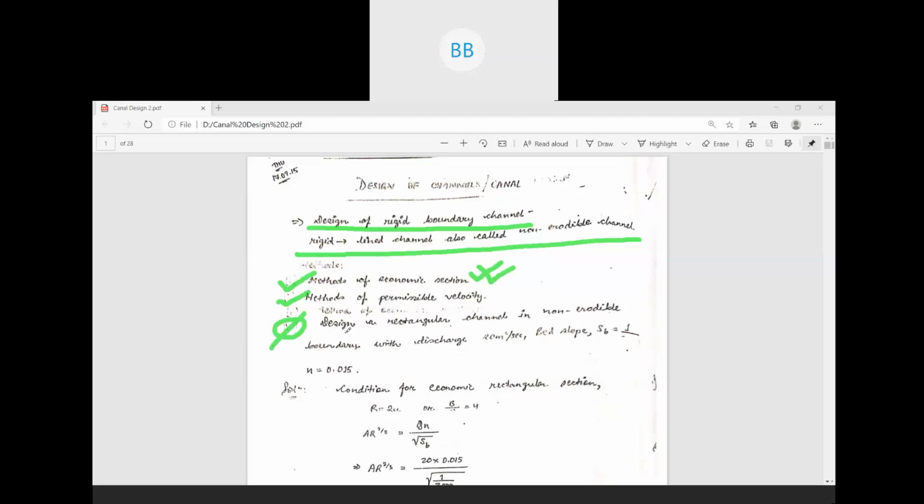design a rectangular channel in non-erodible, that means rigid boundary, with discharge given as 20 meter cube per second. You kindly write down this numerical.